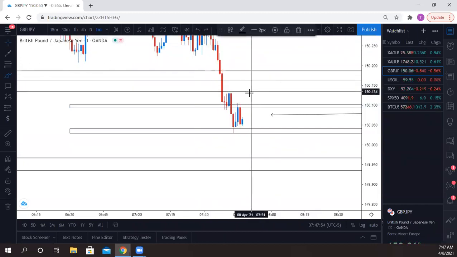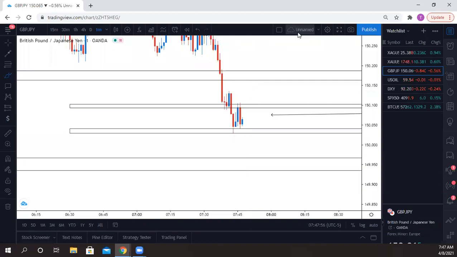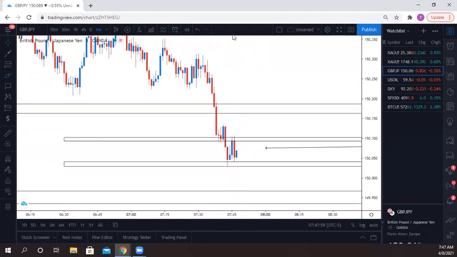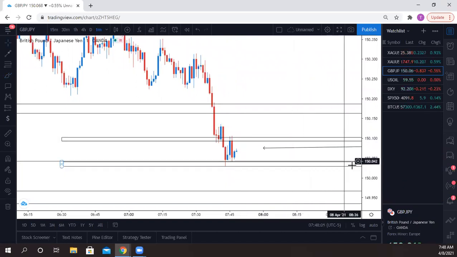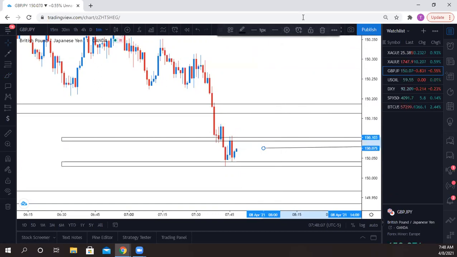So who knows, this thing could hold on to this support and make a 100 pip run to the upside, which is why I don't trade pullbacks or retracements, whatever. All the same thing.